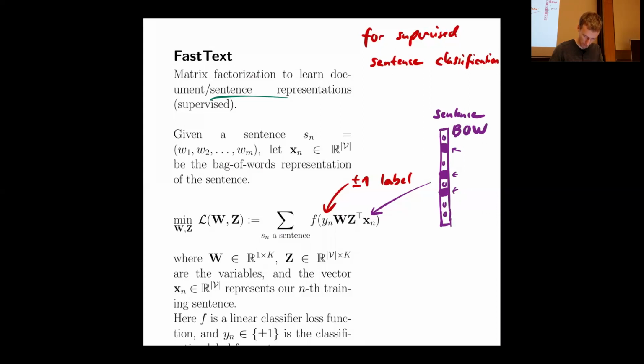Present words. Okay, this sounds a bit naive, right? Because we said bag of words is the naive way. It's not going to lead to such good representations. But let's see, because maybe it can be combined with some embedding idea.